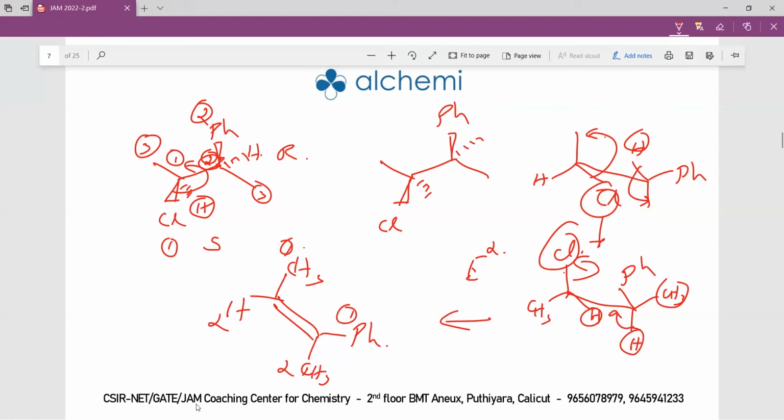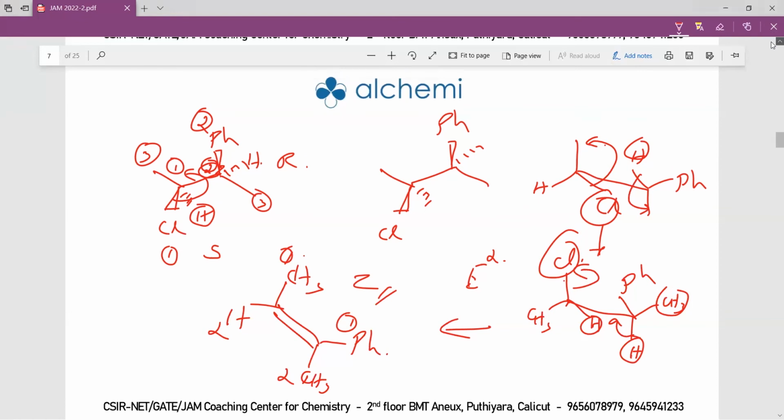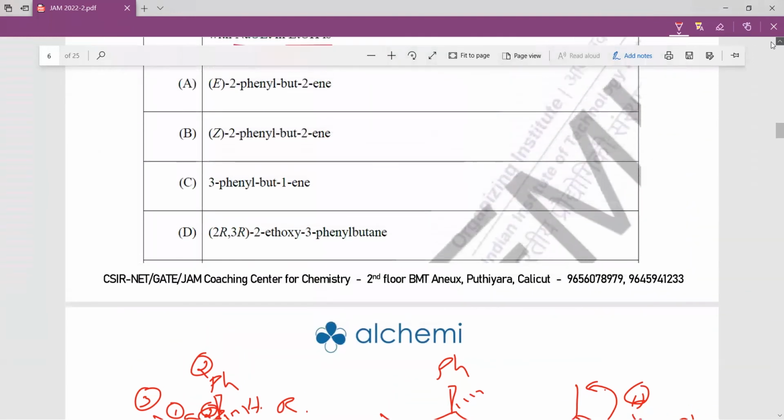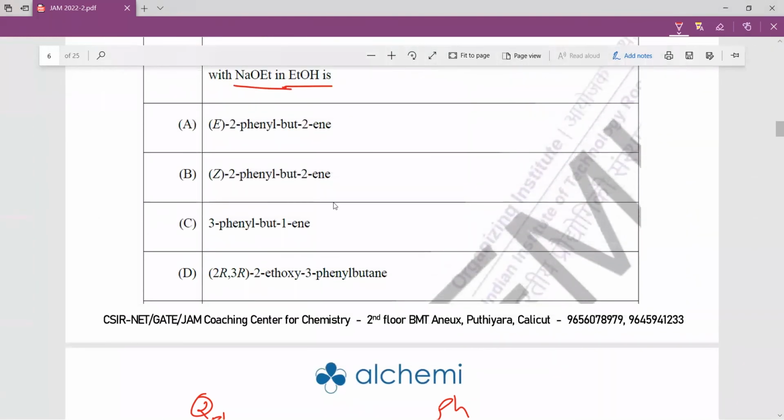So this is a Z configuration. So the answer will be Z-2-phenyl, option B.